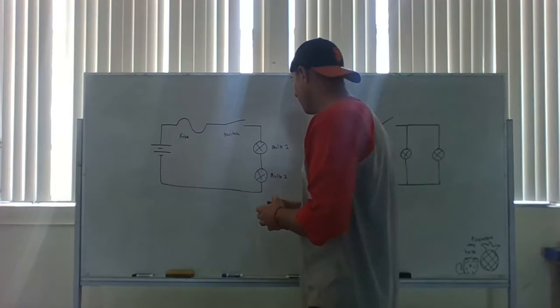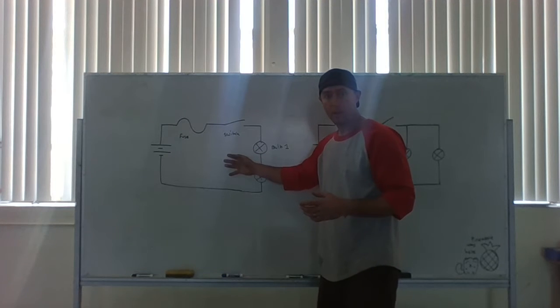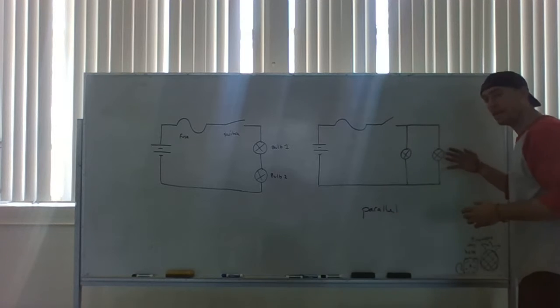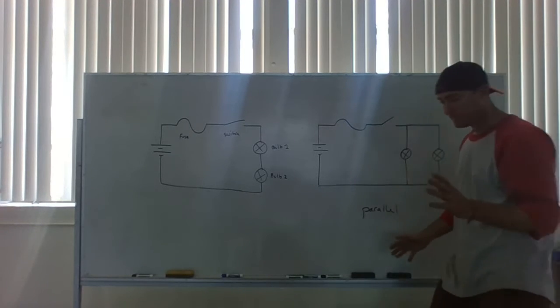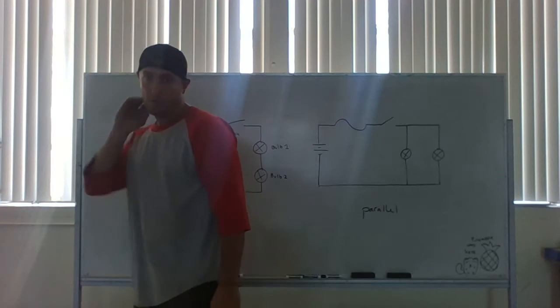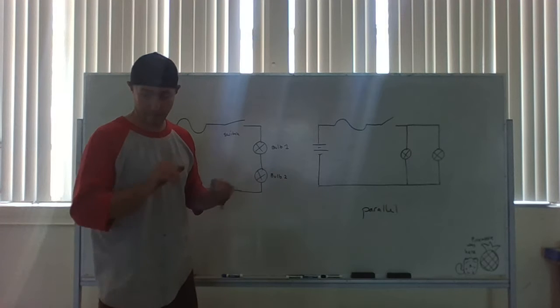All right. We're going to look at what's called a series circuit. This is what we've seen already. We've been dealing with this circuit the entire time, versus what's known as a parallel circuit, which is over here. Now, just at first glance, both of these circuits function pretty much the same.